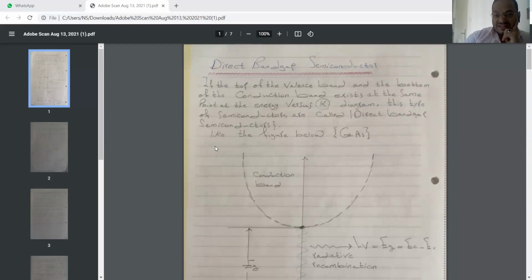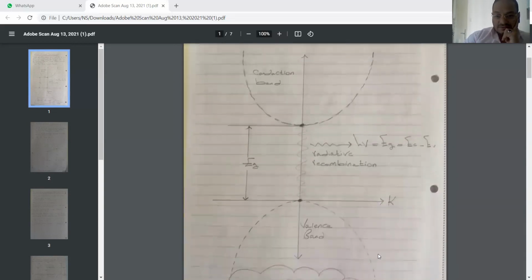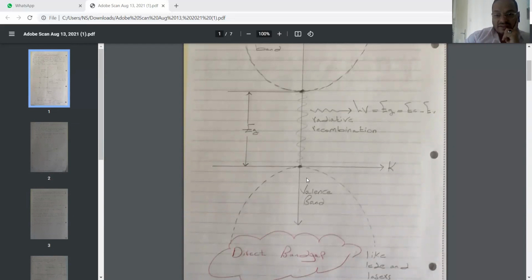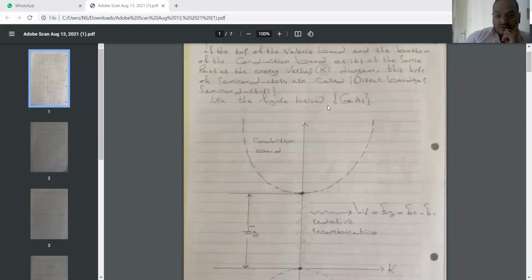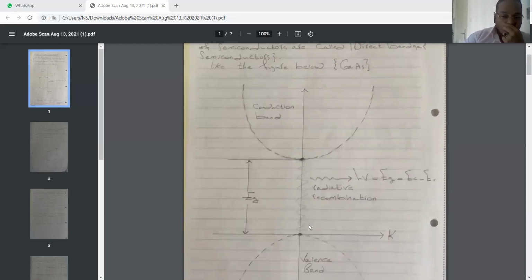If the top of the valence band, I mean this point, and the bottom of the conduction band, this field is called the conduction band, the bottom of this curve, I mean this point, if the bottom of the conduction band is directly under the point at the top of the valence band, that means this situation is the direct bandgap semiconductor.